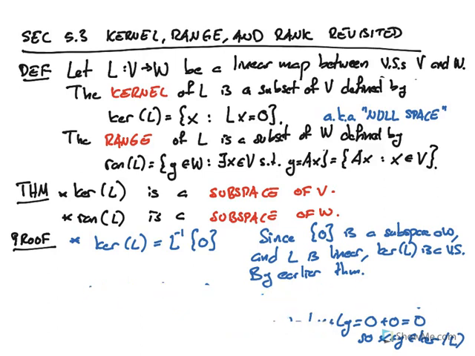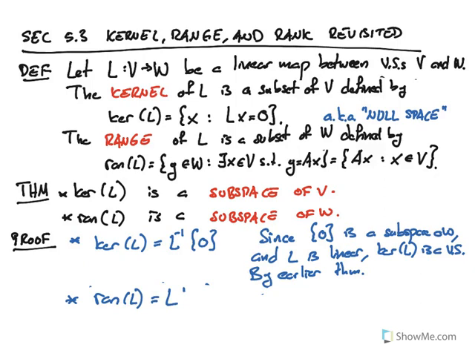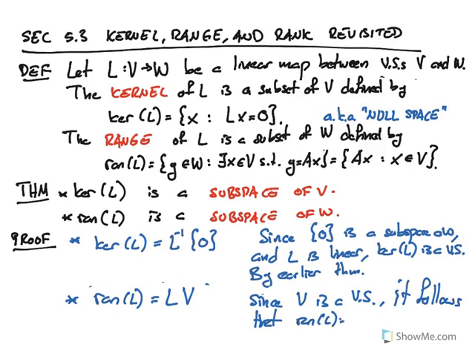Okay, so let's look at the range. It's exactly the same. The range of L is simply the image under L of the entire space V. So since V is a vector space, it follows that the range of L, equal to L of V, is a vector space by the same theorem.